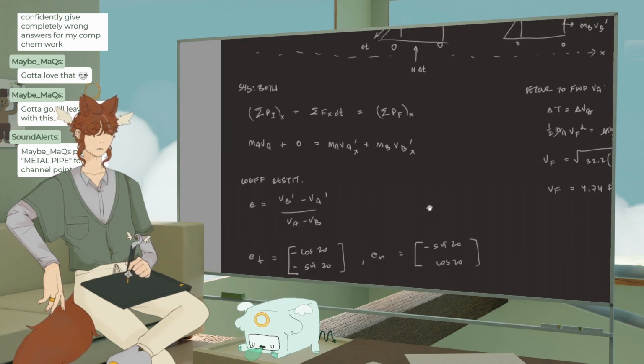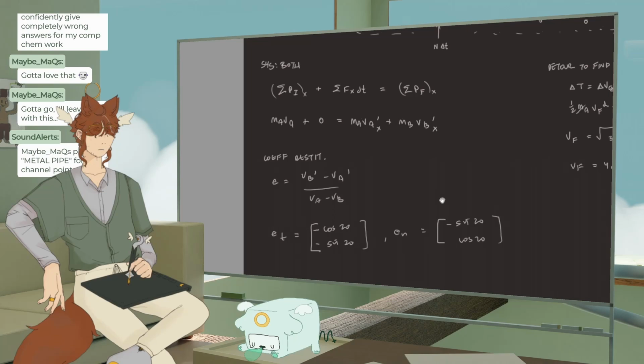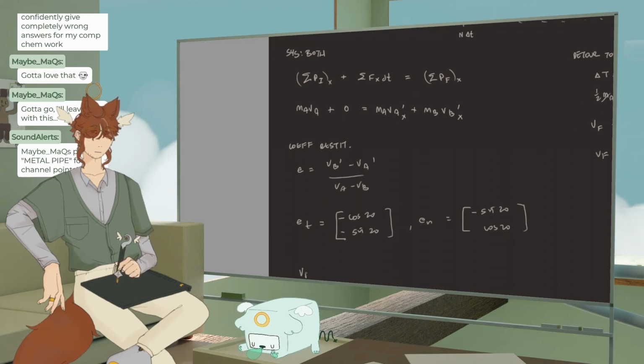Now, our vector is going to be VB dotted with one of these, right? So VB prime dot En equals VBX prime sine 20 plus VBX prime cos 20. That help me at all?